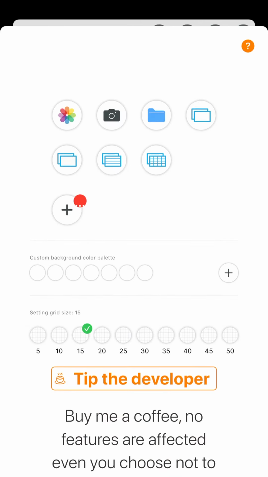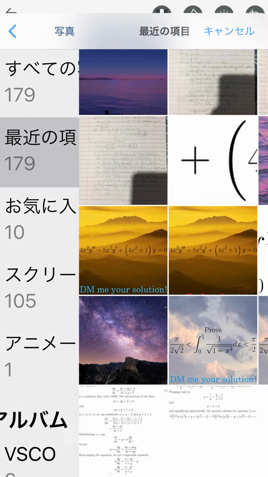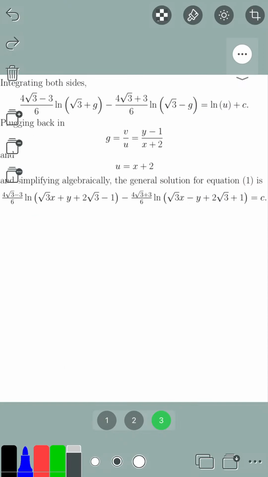So I'm going to go to the next slide. Integrating both sides, this is what we get. You can check it on your own. It's not really simple because the numbers are not really nice, but it should be an easy integration.